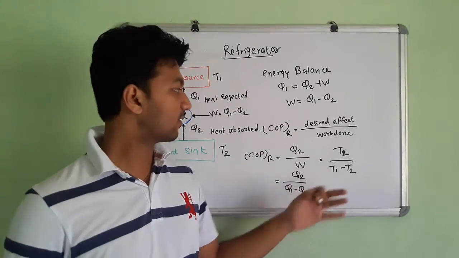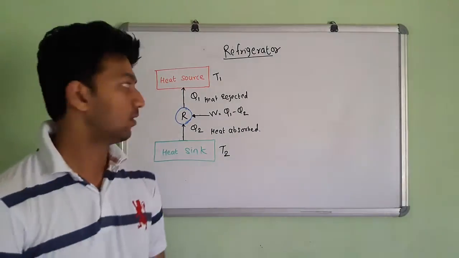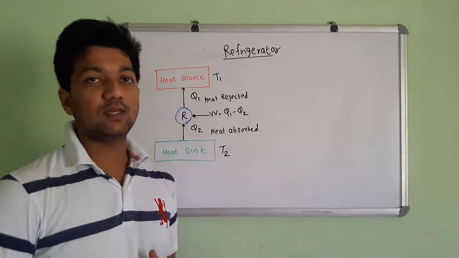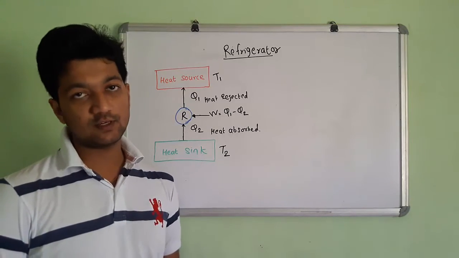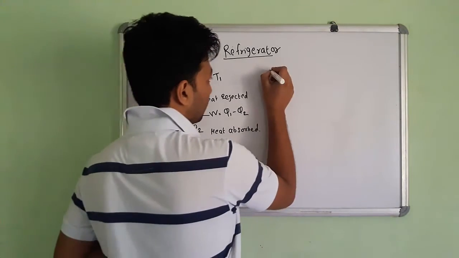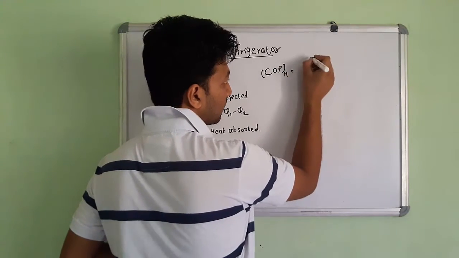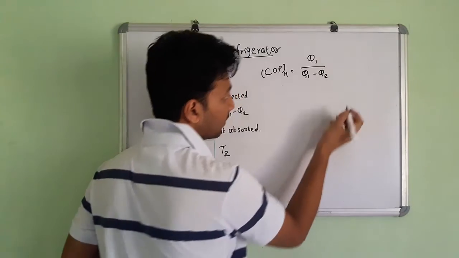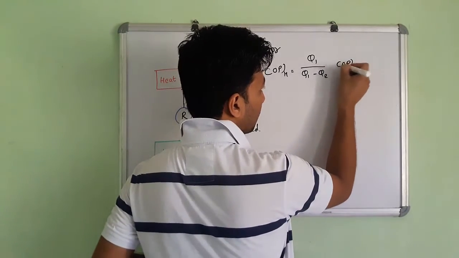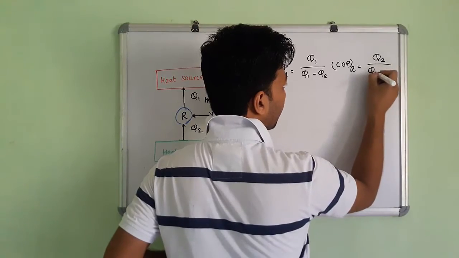Now we see the comparison between the heat pump and the refrigerator. We see the relation between the heat pump COP and the refrigerator COP. First we write the COP for the heat pump, that is Q1 upon Q1 minus Q2, and the COP for the refrigerator, that is Q2 upon Q1 minus Q2.